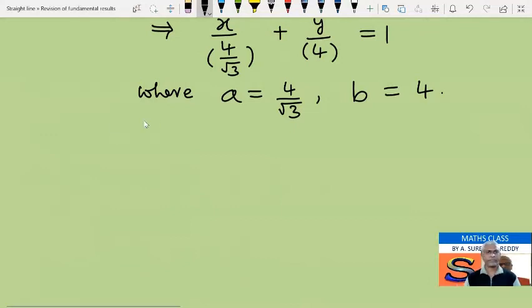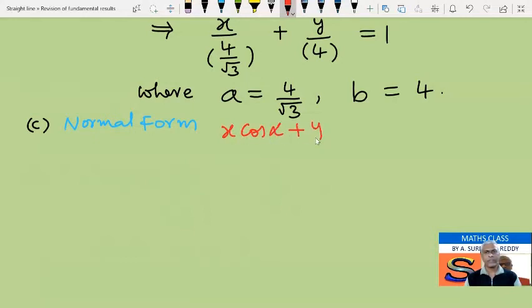Now the third one is normal form. What is normal form? x cos alpha plus y sin alpha is equal to p.